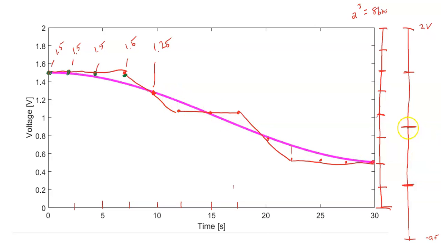But then we aren't going to switch to this lower bin until we're more than halfway between these two bin values, something like here. So then this next one, for the green, is also going to be in this high bin. And then this one, and this one are all going to be at that lower bin value. So if we go across, that's about here. So we get this, this, and this.